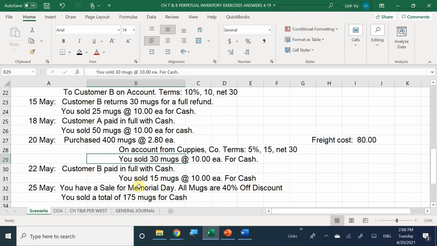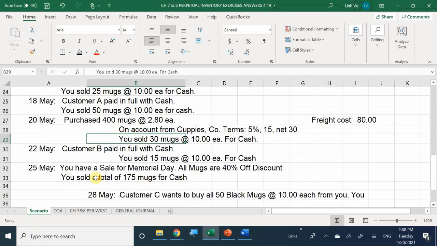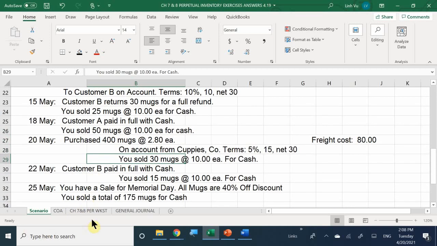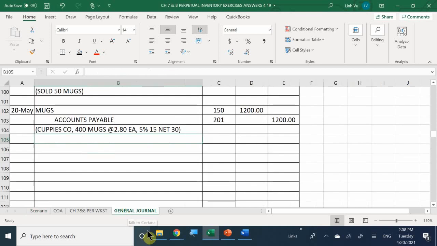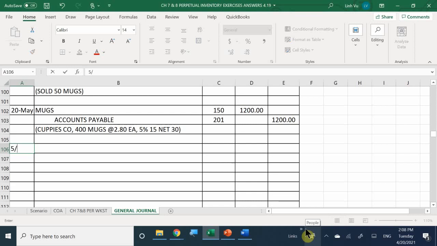You sold 30 mugs, $10 each, for cash. Okay, so we end up selling 30 more mugs for cash. Once again, we're going to go to my journal. This is another in-store sale on May 20th.